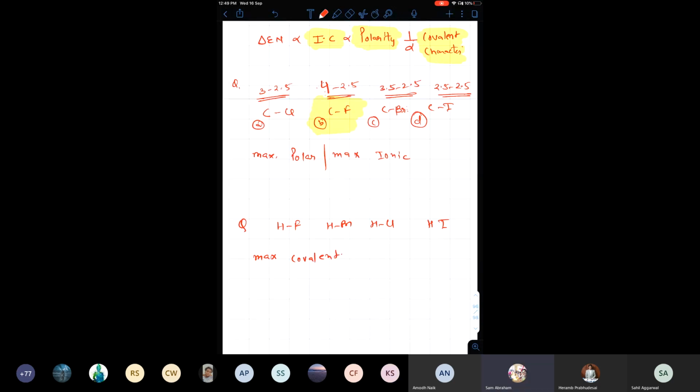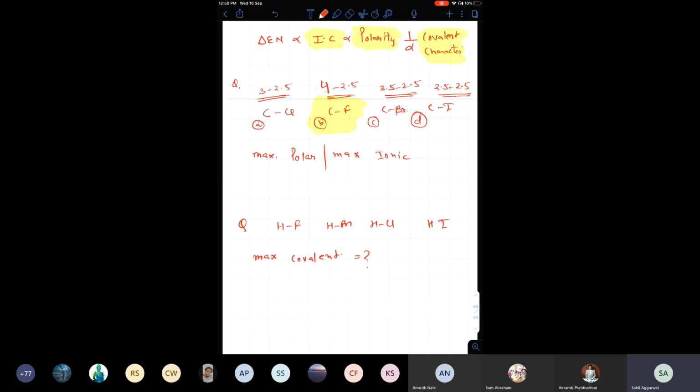Can you explain the previous question? In the previous question, I asked which one is maximum polar.